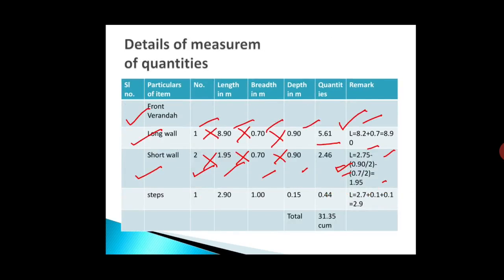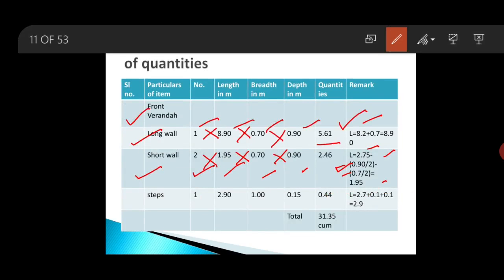Now we will move to the steps. Write down step number 1. Length is equal to the length of the bottommost step, which is 2.7. With this we will add 0.1 meter on both sides.